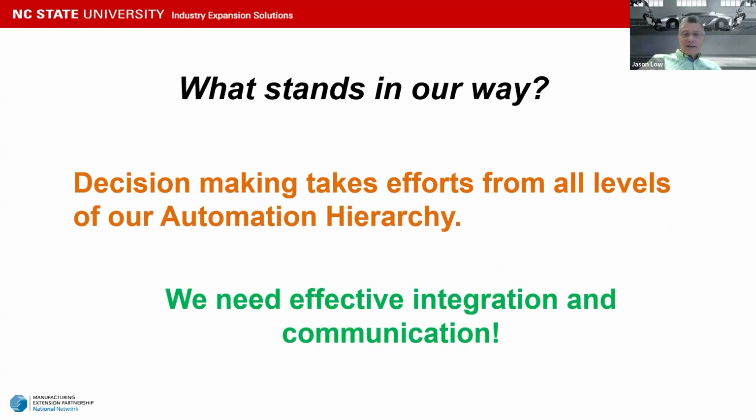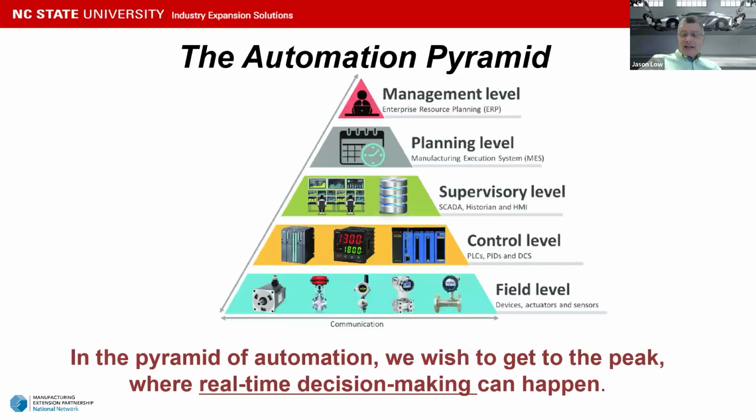So decision making takes efforts from every point in our automation hierarchy. And if you're not familiar with our hierarchy, it is a 5-level pyramid that I learned many years ago, starting from what we call the field level or the device level, which is our sensor level.